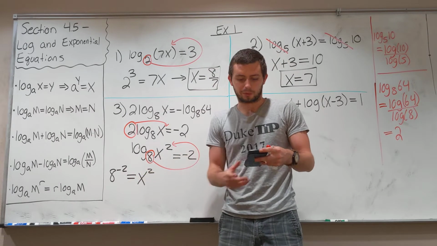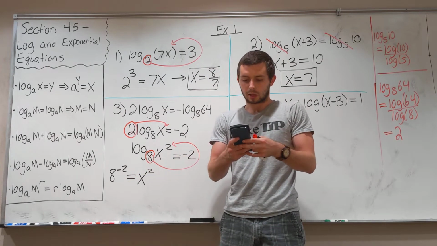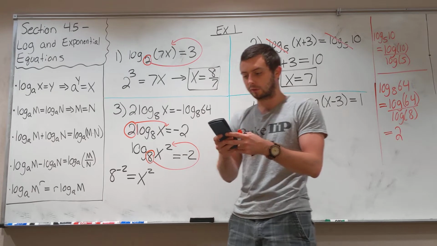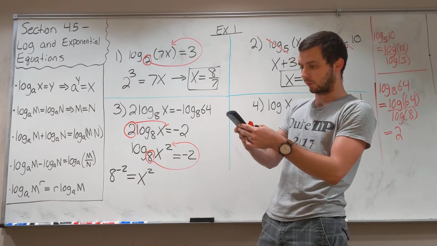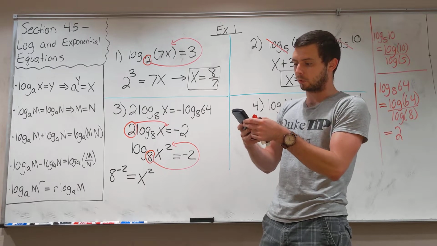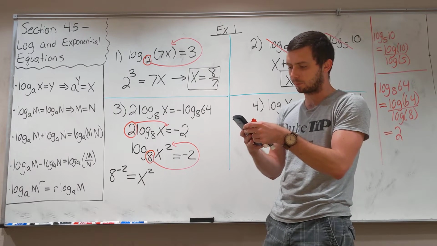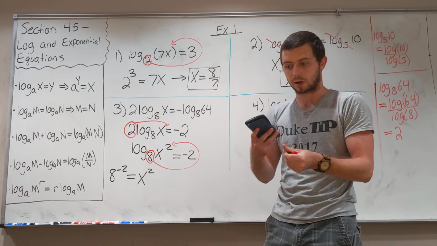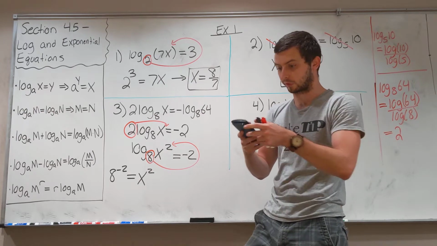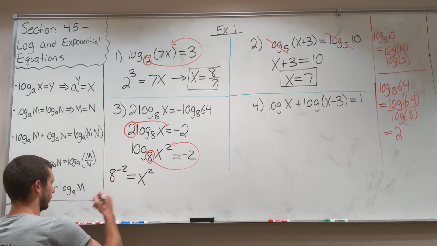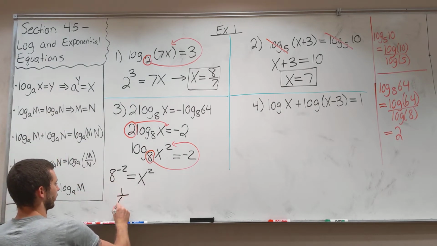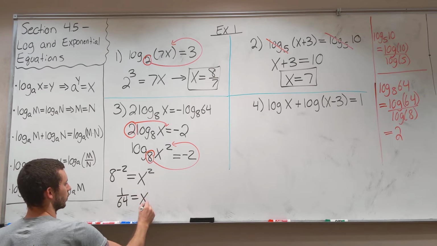Or if you're not comfortable with that, you can type in 8, put the caret, now we use parentheses for negative 2, close parentheses, 0.015625. We'll convert that to a fraction to give you 1 over 64. In any case, this value is 1 over 64, and that's still equal to x squared.